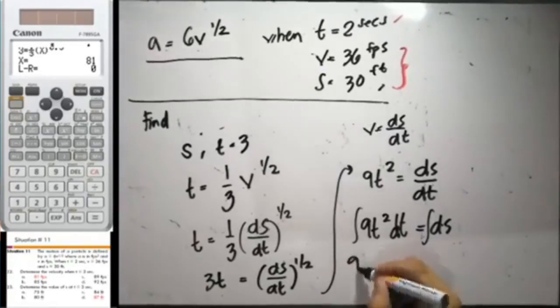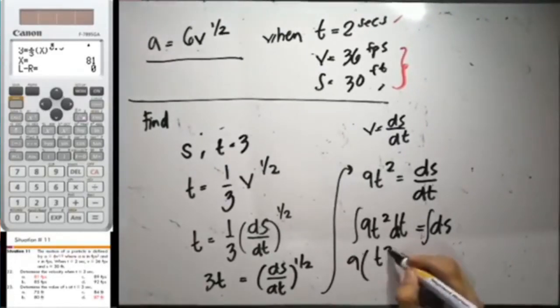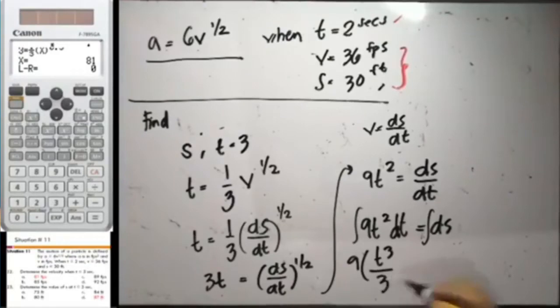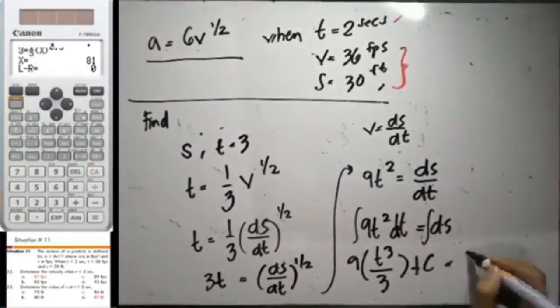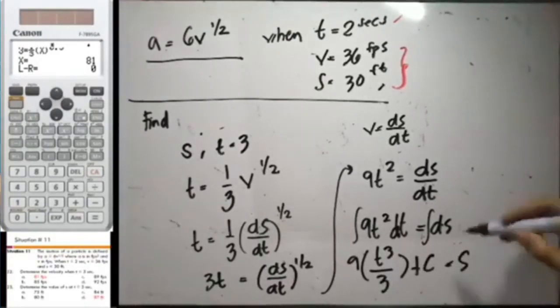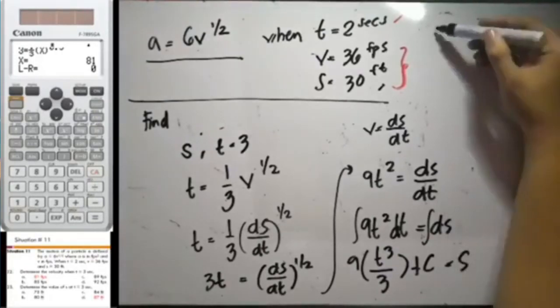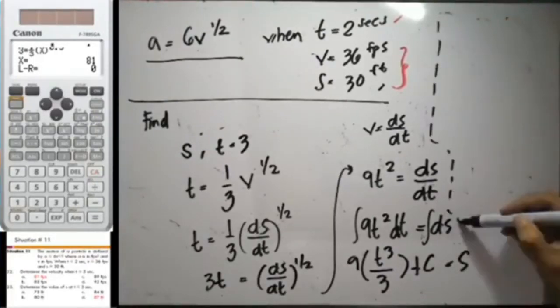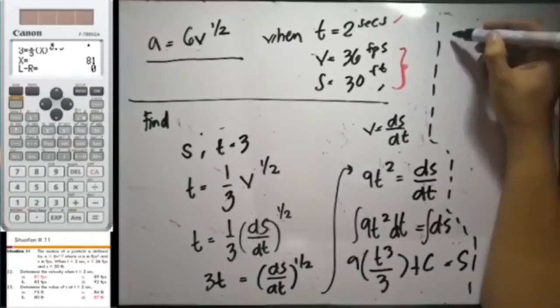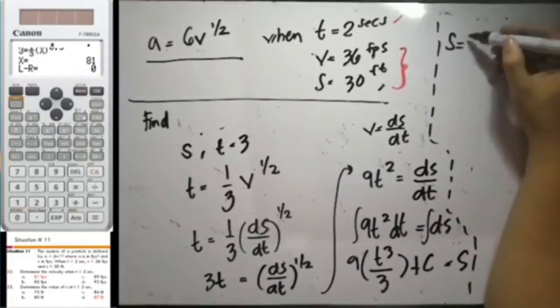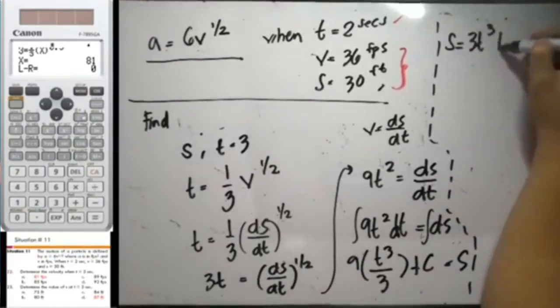So, this becomes 9t cubed over 3 plus c equals s. Okay? Then, pwede natin sabihin na s equals 3t cubed plus c.